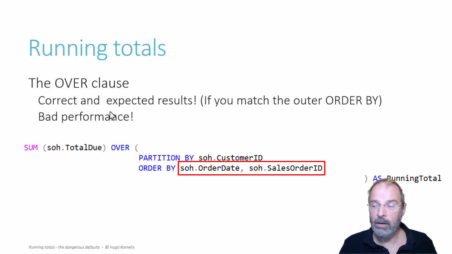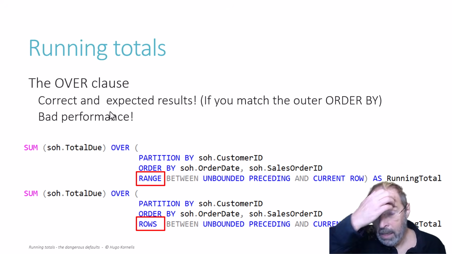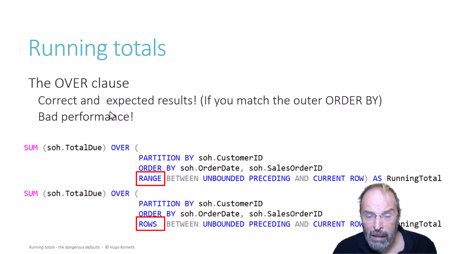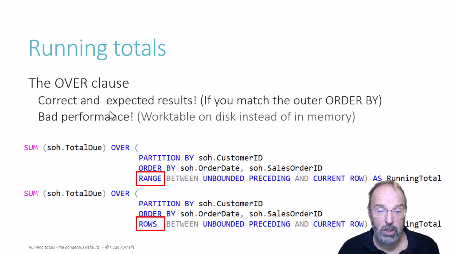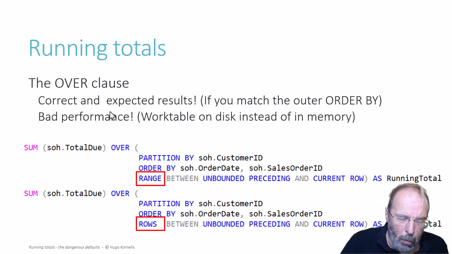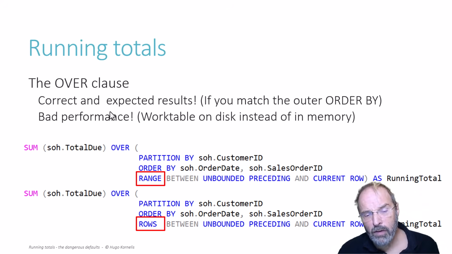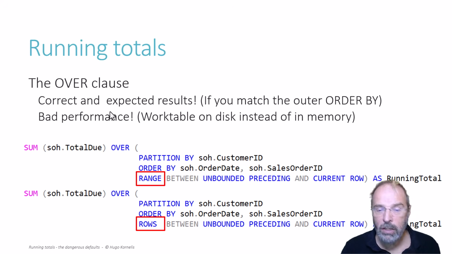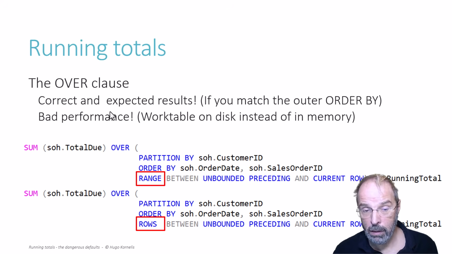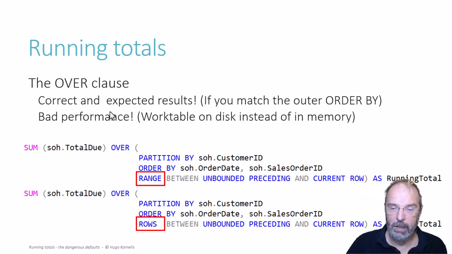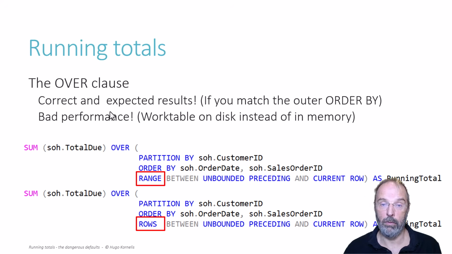Why is that? Well, if you look at the comparison of these two, the window spool always needs a work table, but that work table can be stored on disk or in memory. And for this specific case, for running totals, a range specification will always store that work table on disk, whereas a rows specification will keep it in memory.